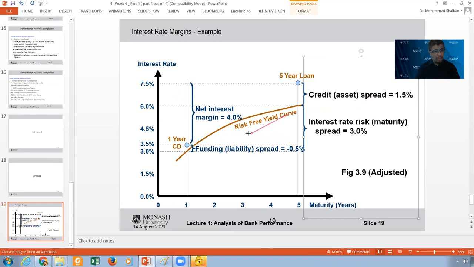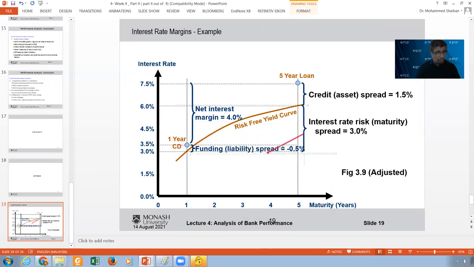Look at the short term now. In the short term, for example, if I borrow through CDs, the investors who buy these CDs from me will ask for 3.5. But if the risk-free is 3.0, why are they asking for this 0.5?